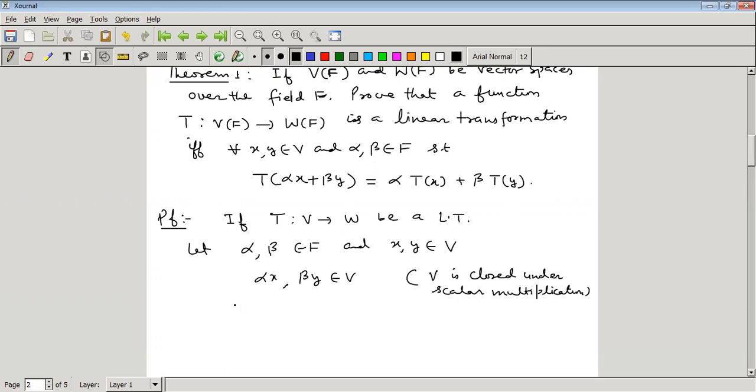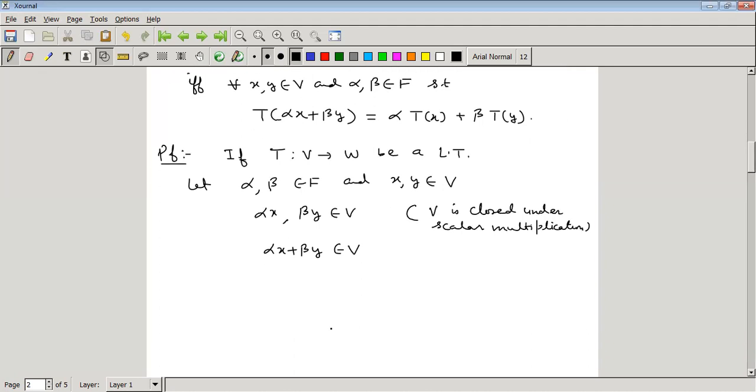So can someone tell me what is the next step? Yes, alpha x plus beta y also belongs to V because V is closed under vector addition, right?